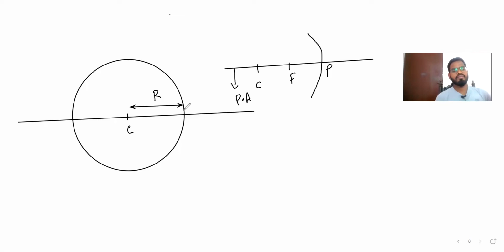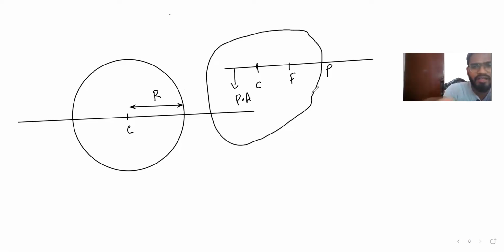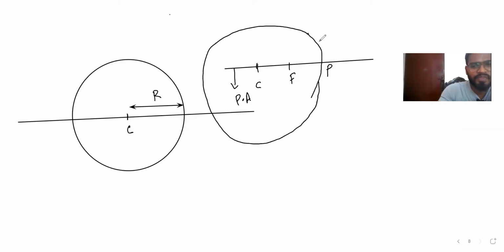So the center of curvature is the center of a big sphere from which the mirror is a part. If you see, this mirror is having these types of circle that will form. So that circle will have some center, right? That center is known as the center of curvature.